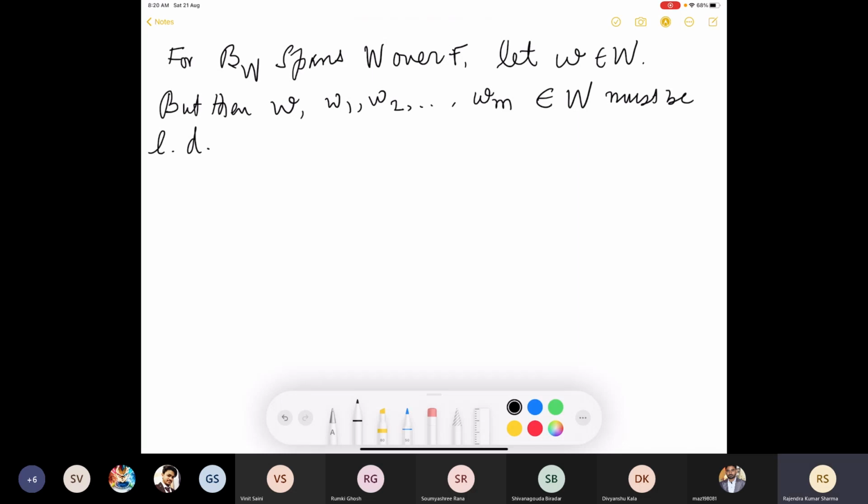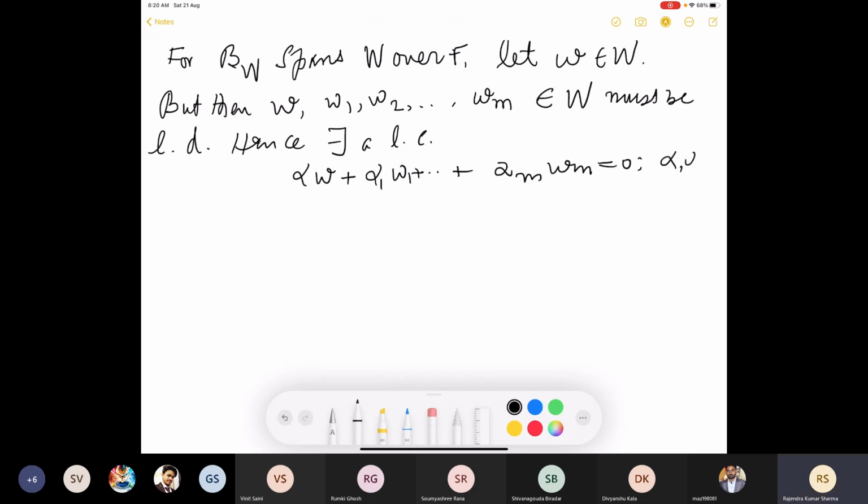If they are linearly dependent, then there exists a linear combination, say alpha w plus alpha 1 W1 plus and so on plus alpha m Wm equal to 0.